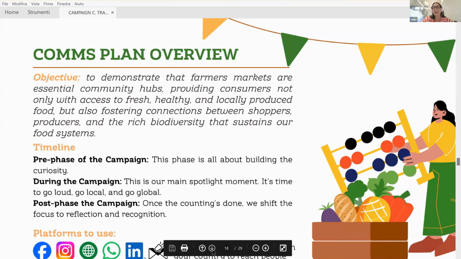Then we have the during campaign, so it's the moment where we are actually doing the count at the market, and we are promoting the campaign online on social media. And then we have the final phase, the post-count phase of the campaign. It's when we are done with the counting and the activities at the market. So we reflect about the insights and the data that we collected through the counting.